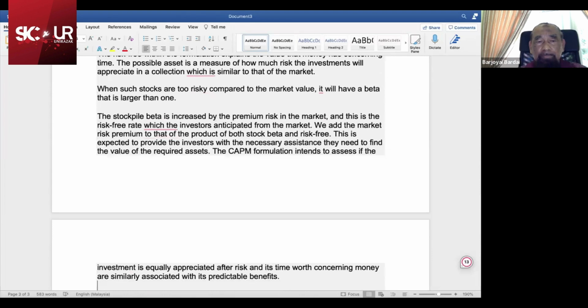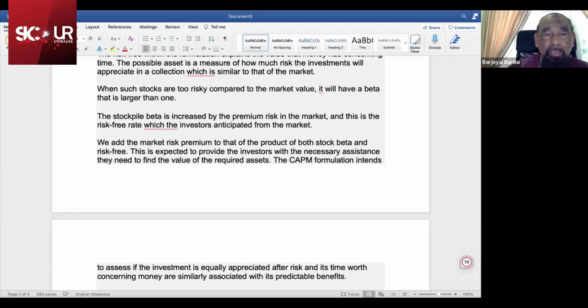The stock beta is multiplied by the market risk premium, and this is the risk-free rate which the investor anticipated from the market. And we add the market risk premium to the product of both stock beta and risk-free rate.